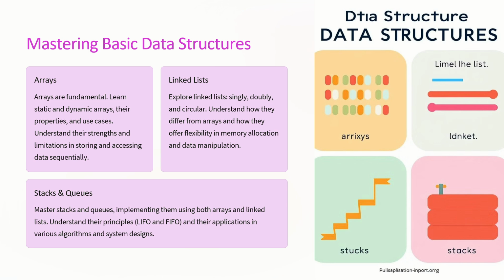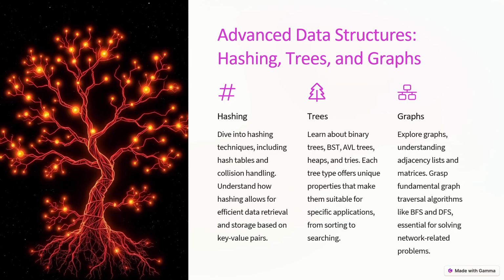We are moving on to some advanced data structure topics, like hashing: hash tables and collision handling, used in databases and caching. Then trees: binary search trees, AVL, heap, trie, essential for hierarchical data.